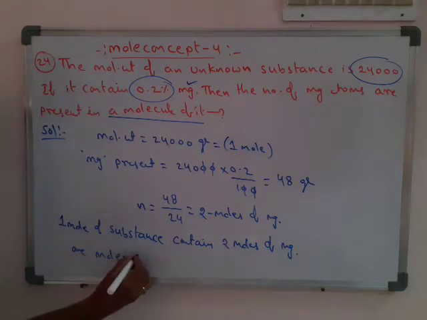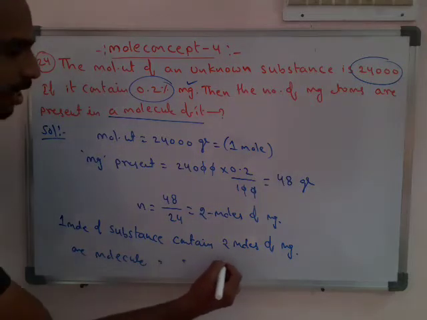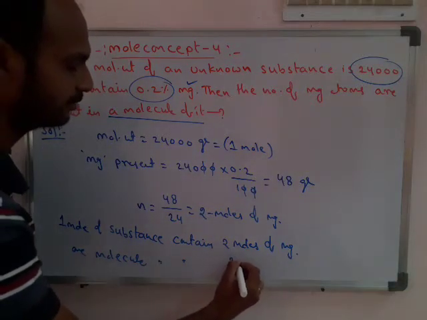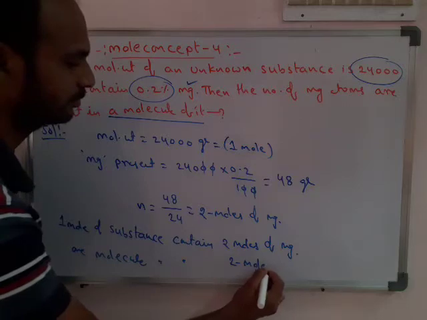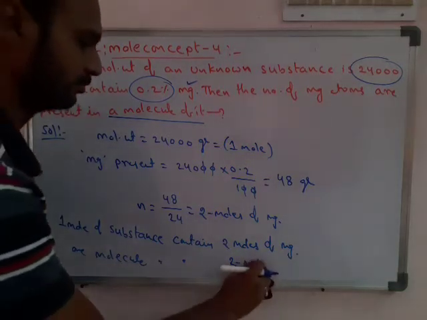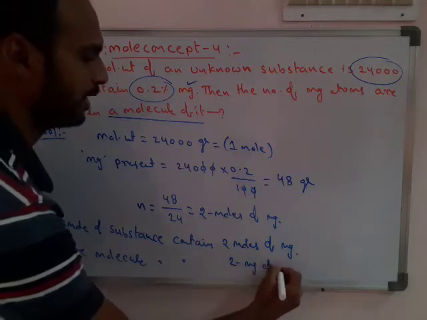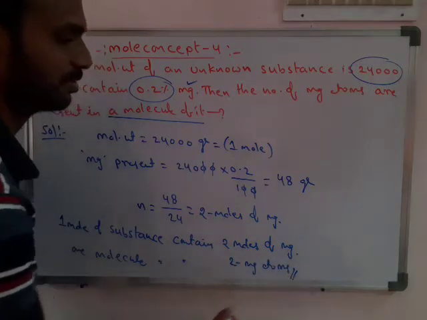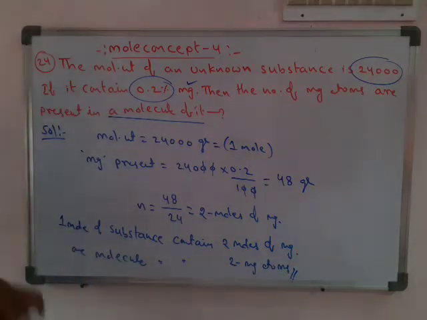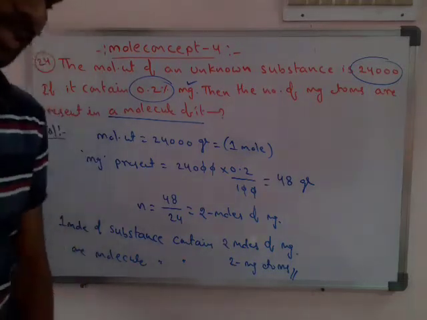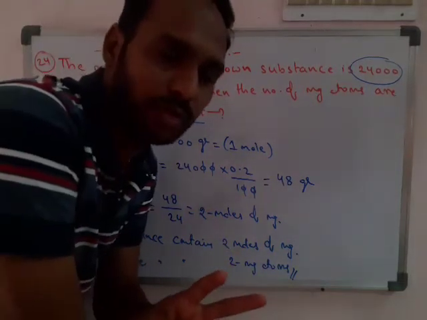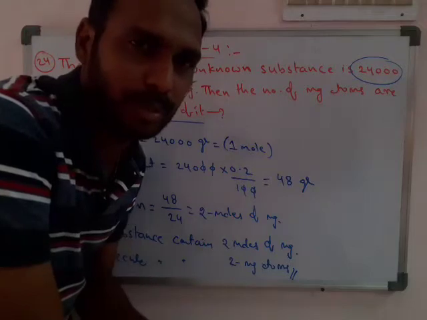We can write directly that 1 molecule of substance contains 2 magnesium atoms. So very simple. It's just like the chlorophyll and hemoglobin problem.